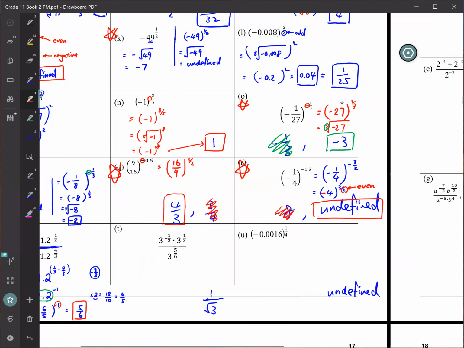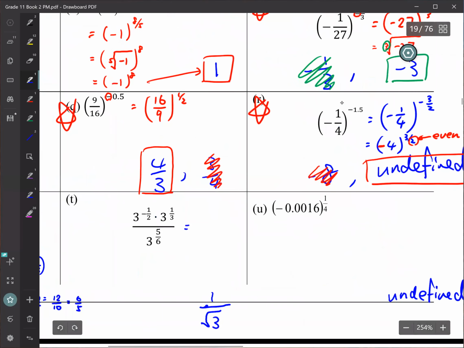Okay, last two. So this one you need to first add the exponents together on the top, right? We'll leave the bottom for now. When you add the top, -1/2 plus 1/3, common denominator, you will get -3 over 6 plus 2 over 6.